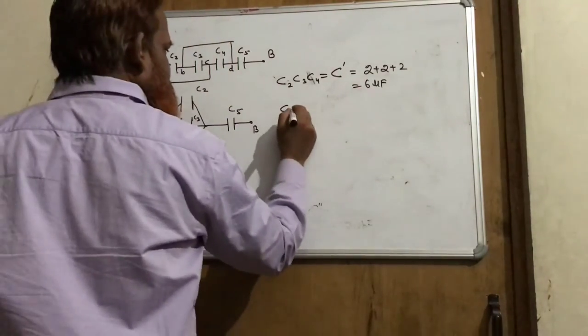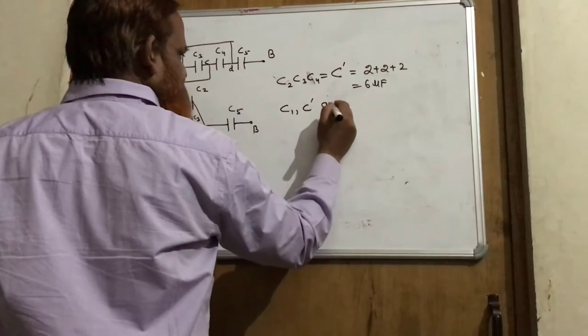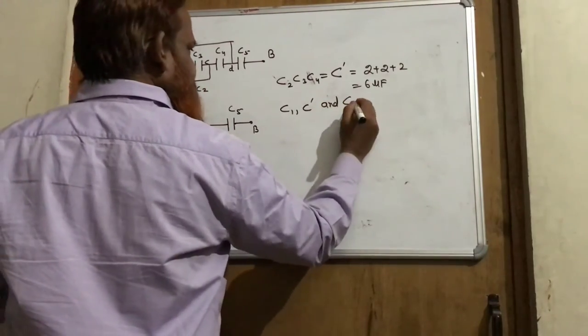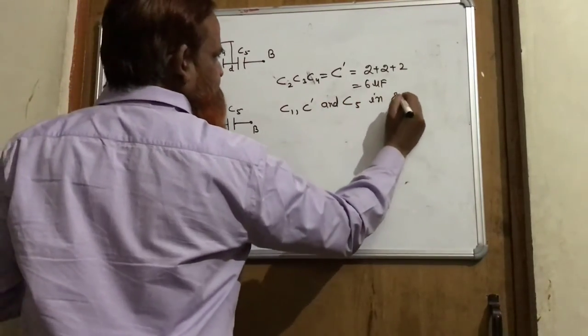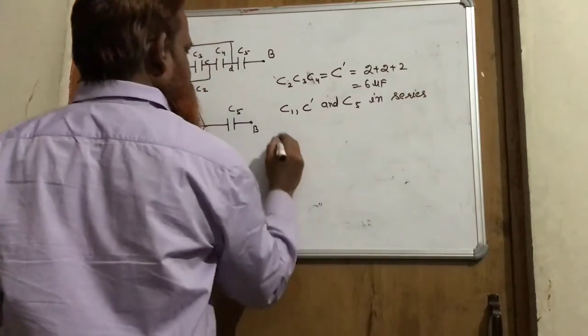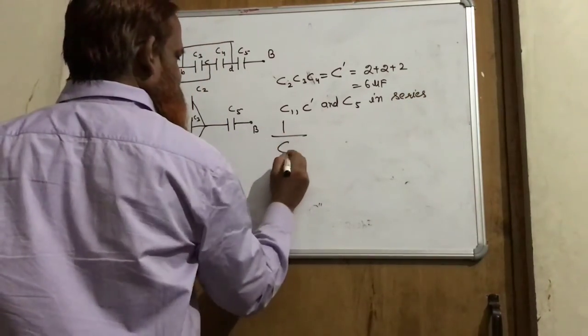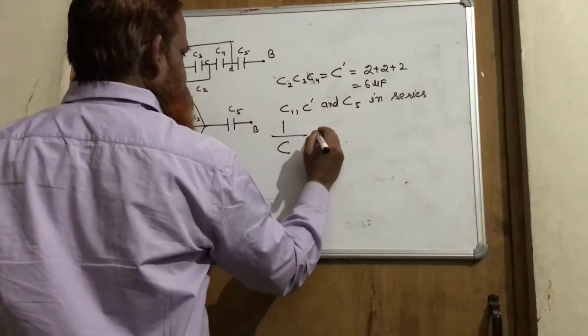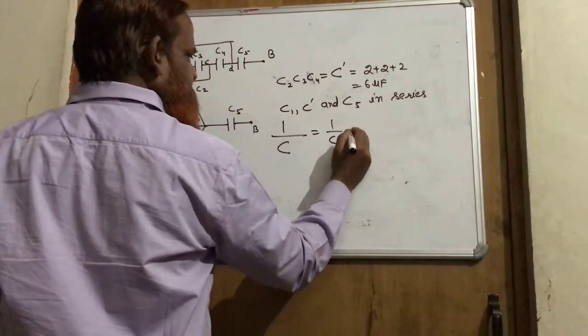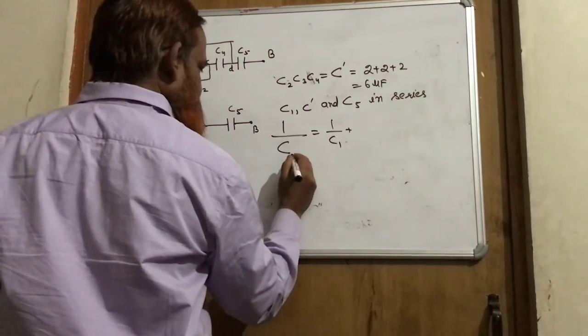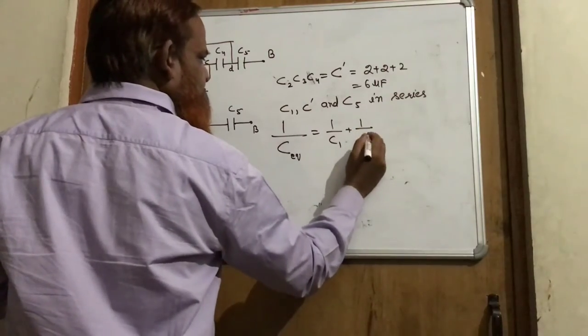Now C1, C dash and C5 are in series. So the equivalent C is equal to 1 upon C1 plus 1 upon C dash plus 1 upon C5.